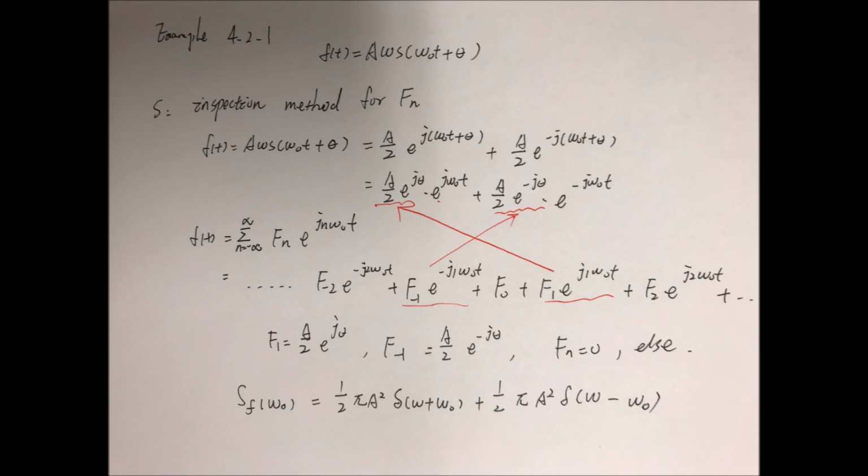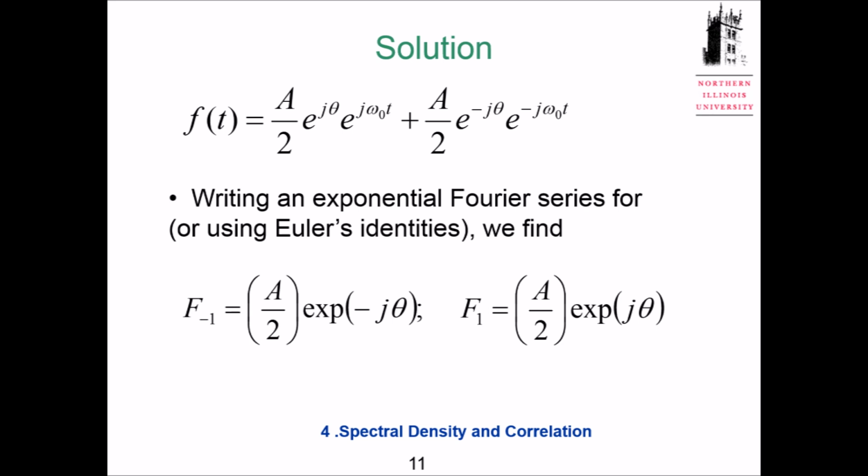So step 1, we rewrite f(t) as a linear combination of complex exponentials based on the Euler equation. Step 2, we find Fn. Step 3, we substitute Fn into 4.20 and get the power spectral density. So this is my F1 squared, and this is my F minus 1 squared.